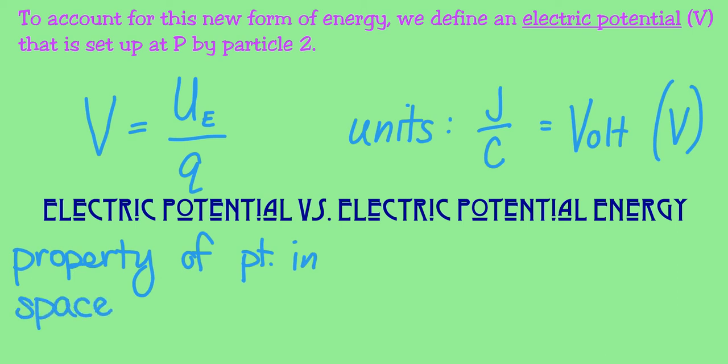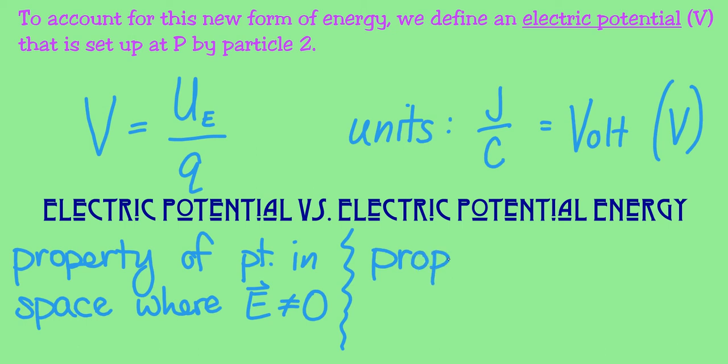Specifically, the property of a point in space where the electric field is not zero. Whereas electric potential energy is a property of a charged object in an electric field.